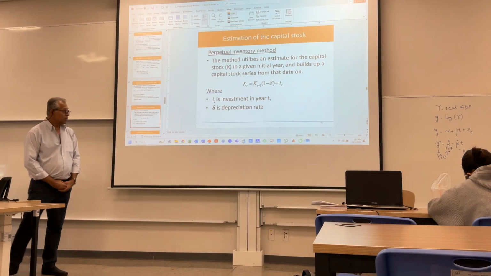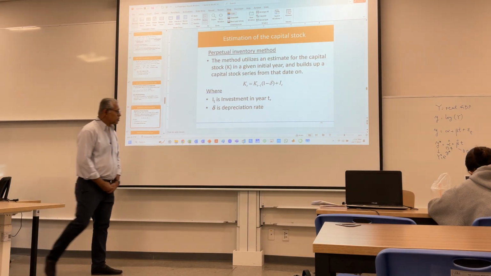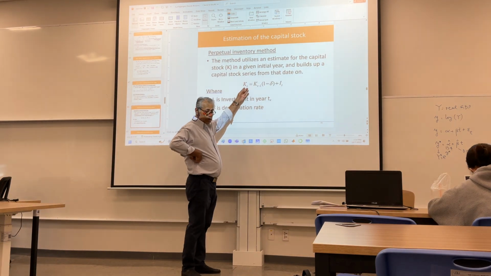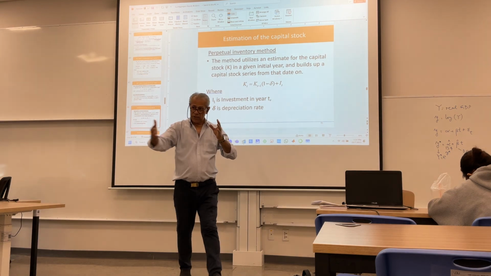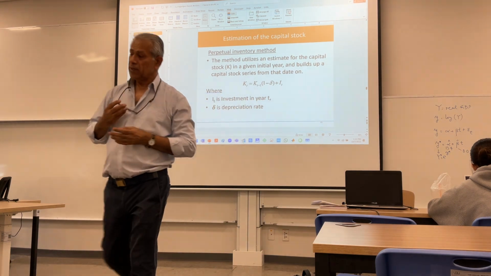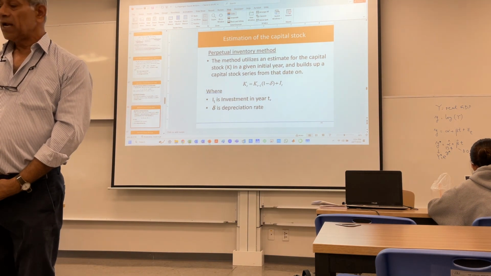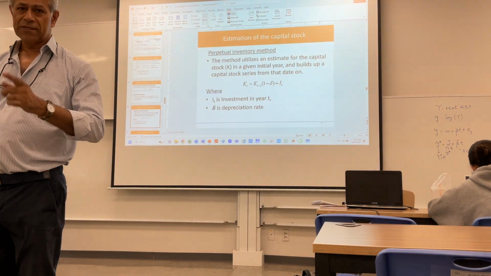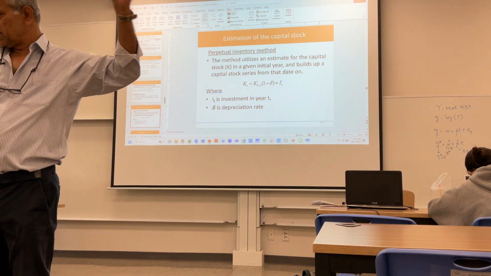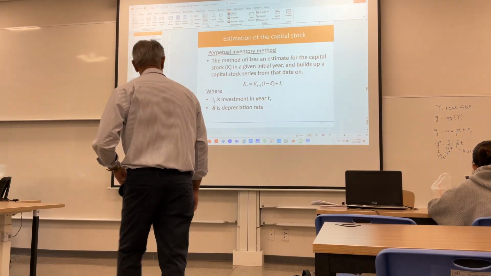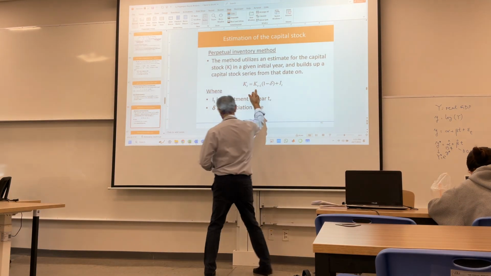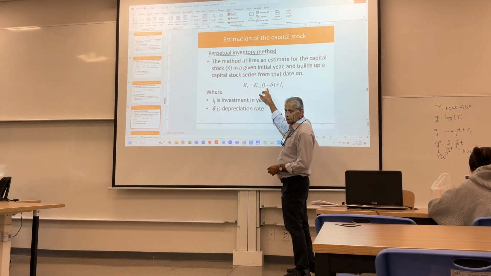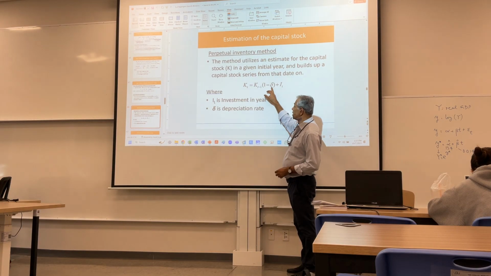For capital, we know that the total capital stock in the economy is the accumulation of all the investments that have been made in the past. If we have 10 roads today, one road was made yesterday, another one the day before, and so on and so forth. But the capital that we have from before depreciates. So there is a rate of depreciation of capital.